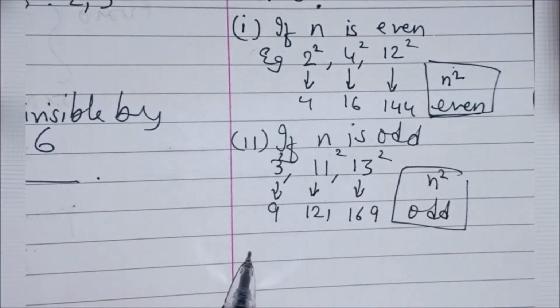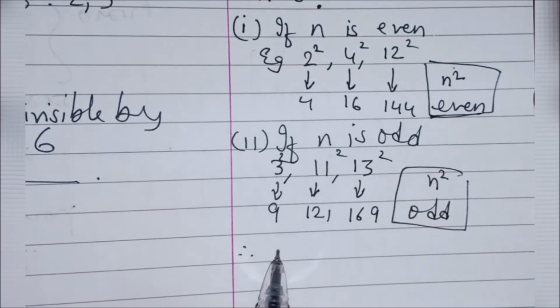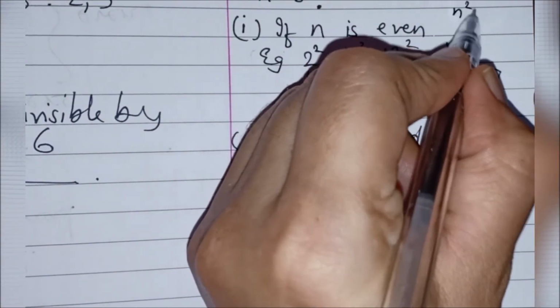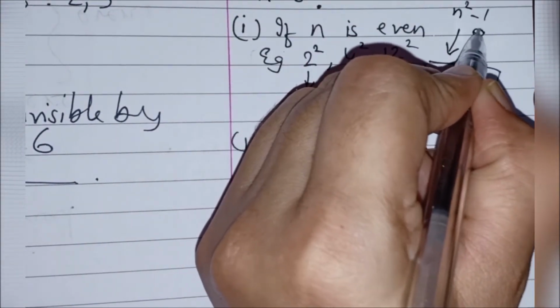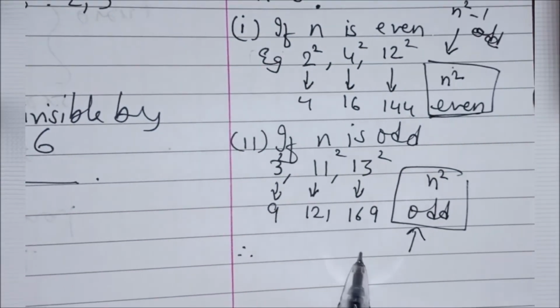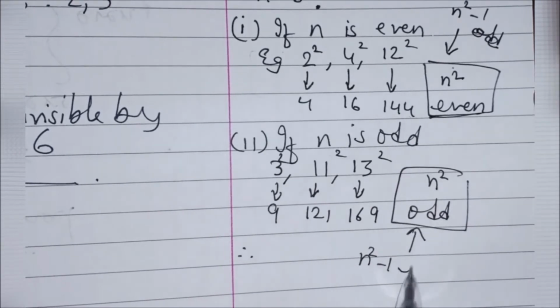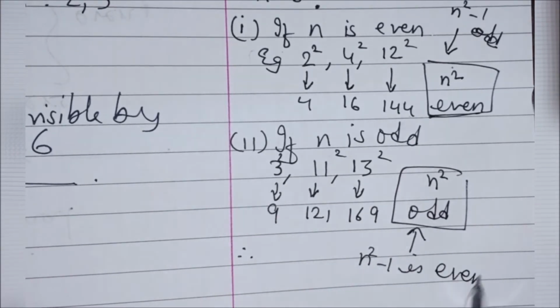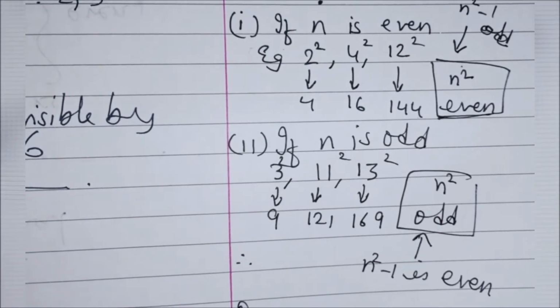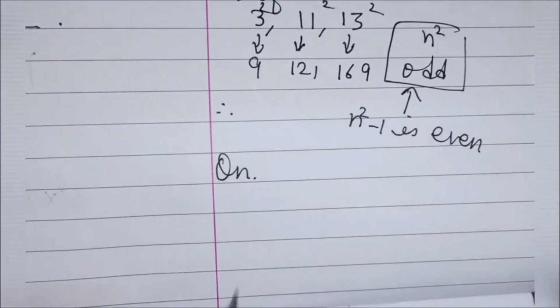In the first case, for an even number the square is even. Now let's take the case of n square minus 1. When n square is even, n square minus 1 will be odd. And when n square is odd, n square minus 1 is even, because even comes after odd and odd comes after even.